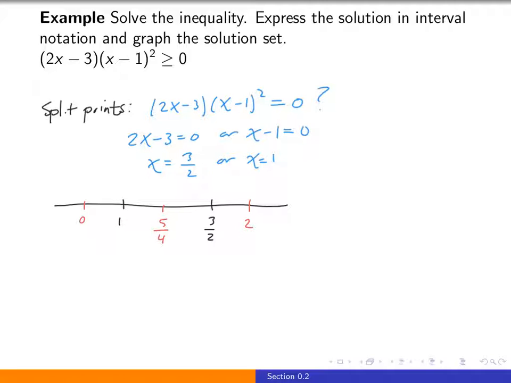What we need to do is determine the value of the expression at each one of these test points. So if we start with x equals 0, if we plug that into our expression, we have 2 times 0 minus 3 multiplied by 0 minus 1 squared. We need to know, is this number positive or negative?